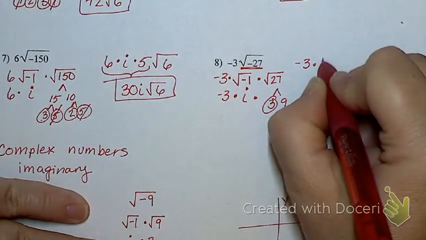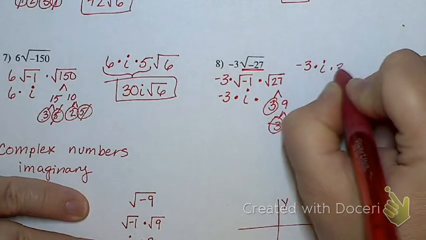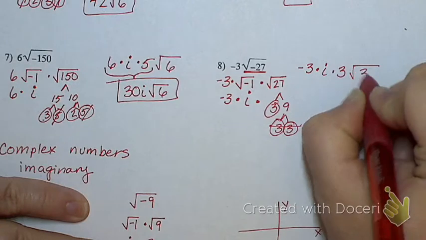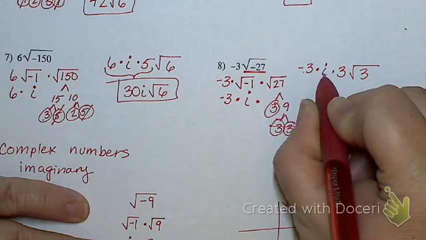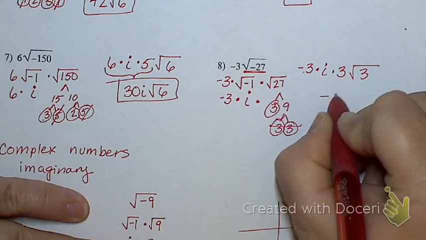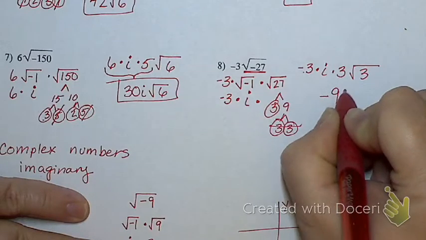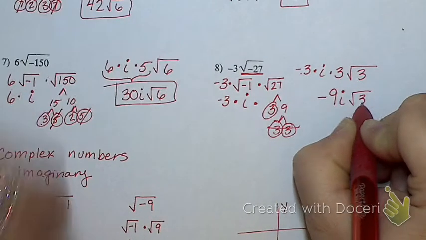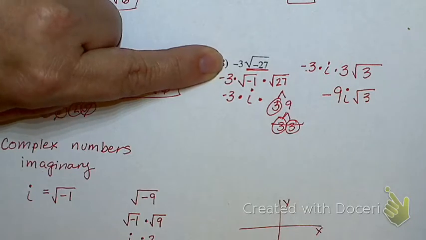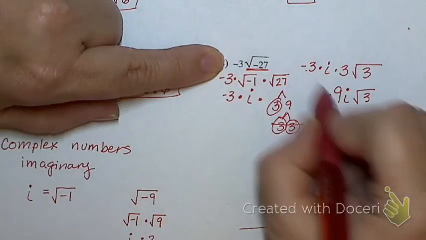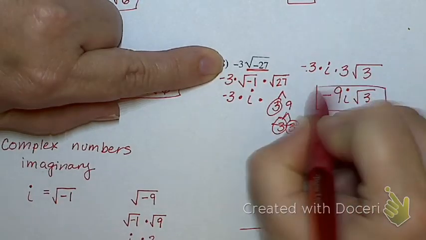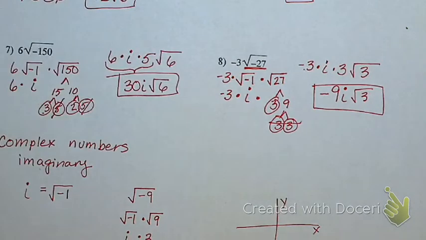So I have an i, and I have another 3, and what's left at home? So negative 3 times i times 3 is negative 9i radical 3. So the negative outside didn't affect anything really. It just meant that I had a negative 3 when I was multiplying. The negative inside is what causes us to get that imaginary number in there. Okay? Questions? Pretty similar to yesterday, right? Just that one extra thing. All right.